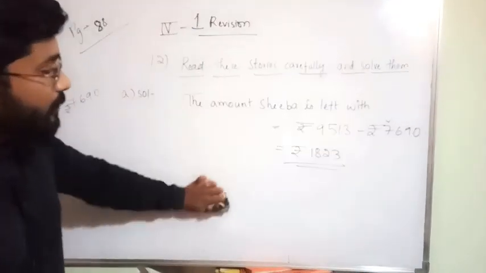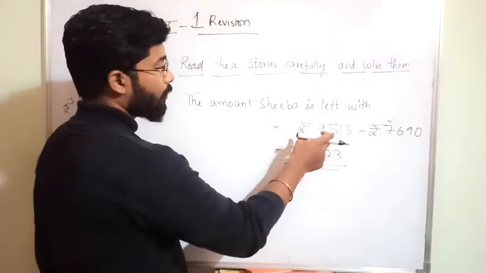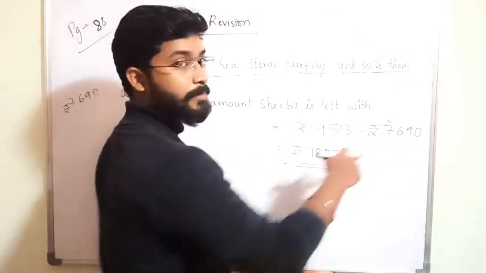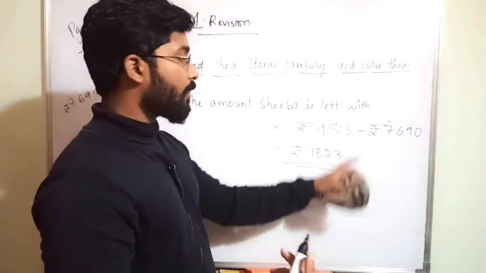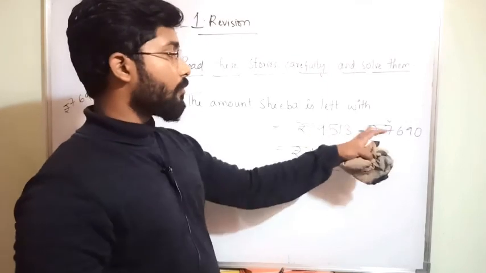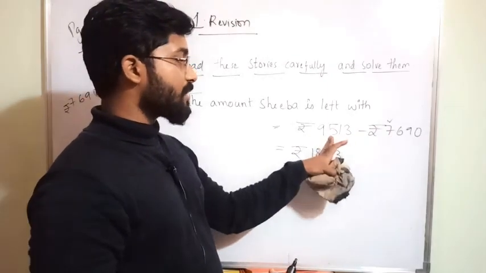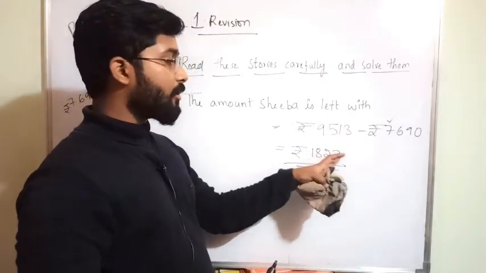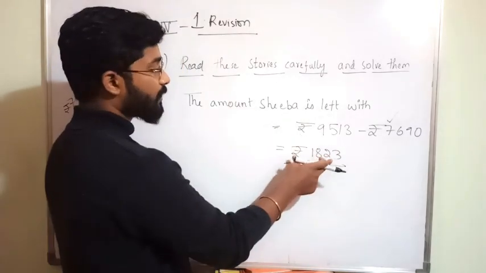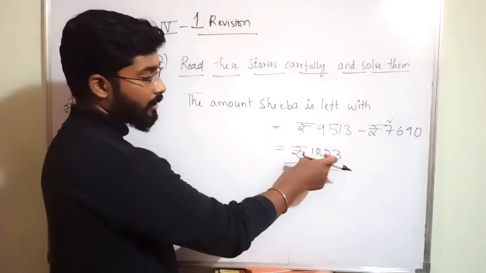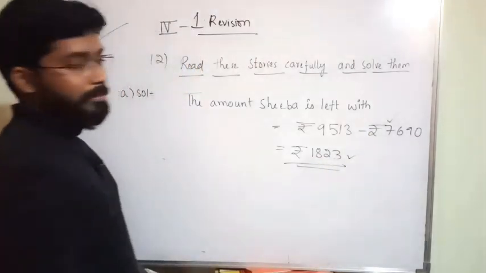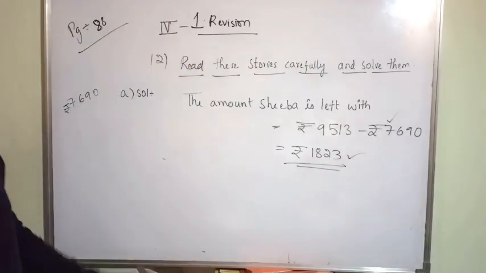So the amount Sheba is left with is the total amount minus the money she spent on books and CDs, which is 1823 rupees. So we have completed the A question.